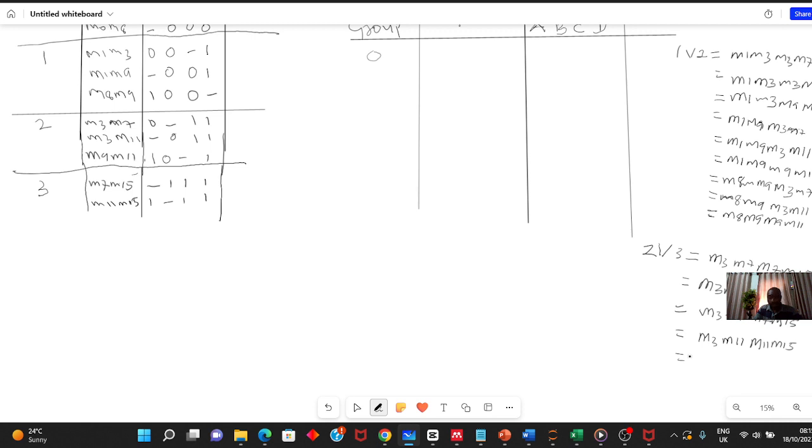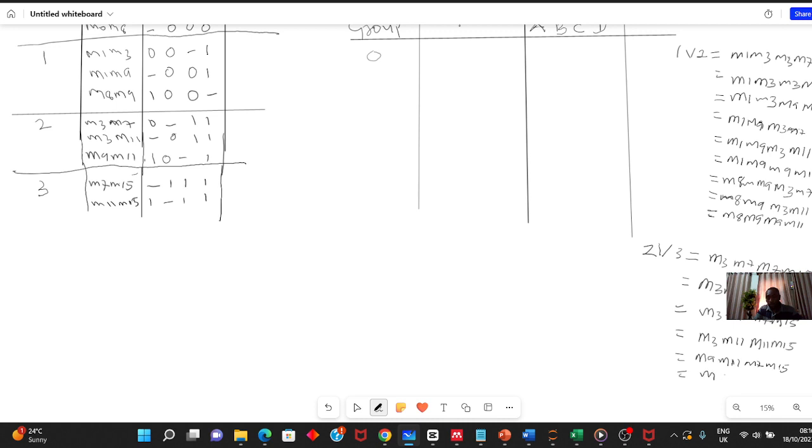The next pairs is M9, M11, M11, M9, M11 mapping M7, M15, right?